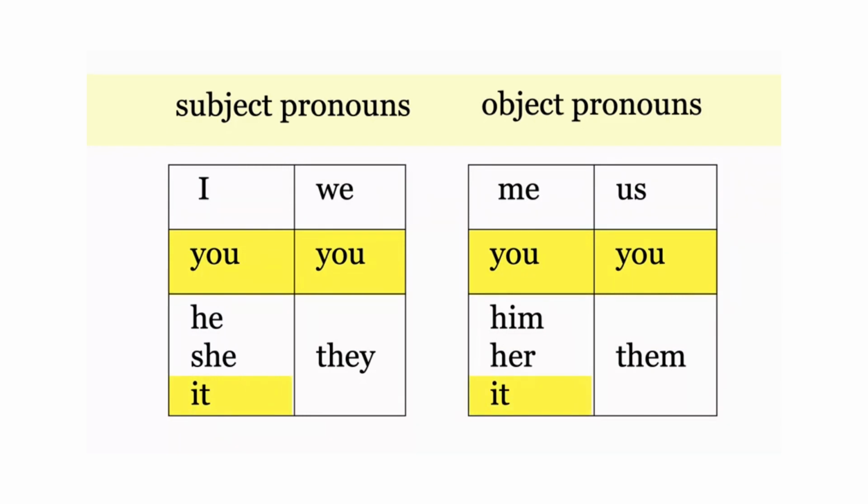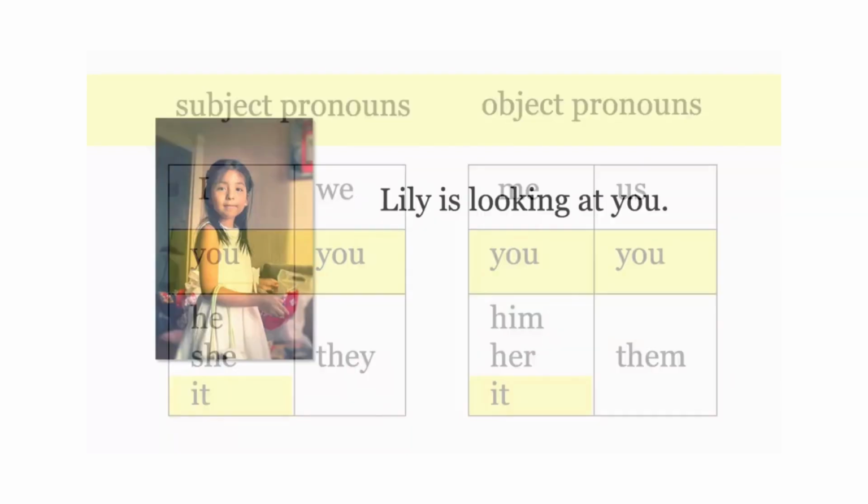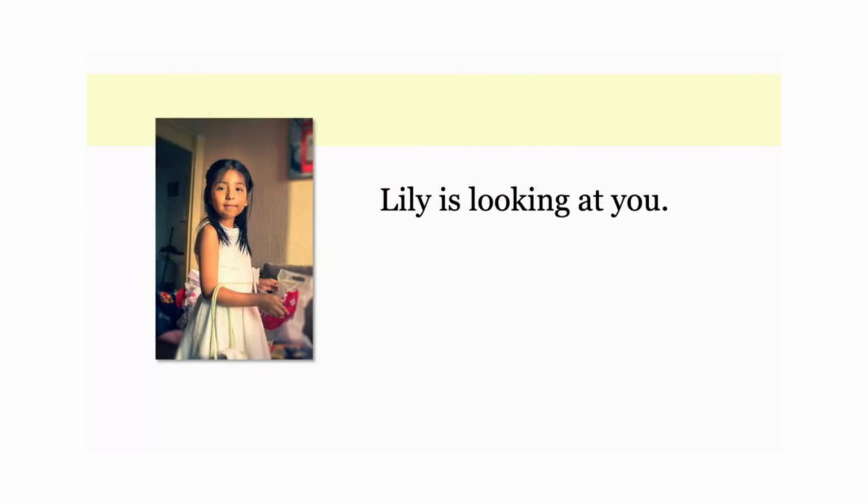Let's look at some more examples. Lily is looking at you. Lily is the subject because she is looking, and you are the object because you are receiving her looking. If we replace these with pronouns, Lily is a she, and you stays the same.